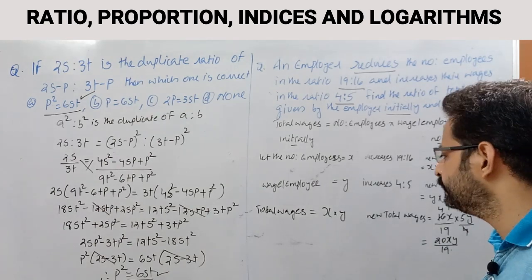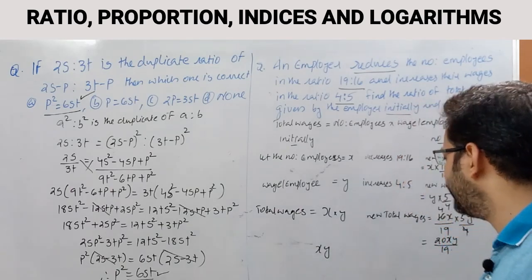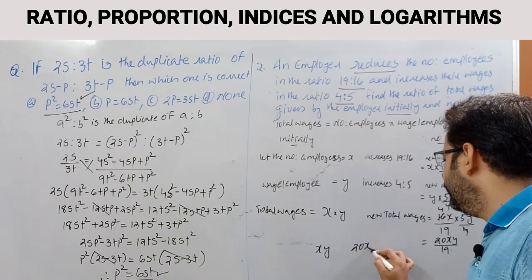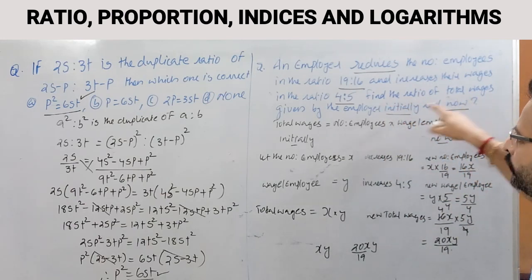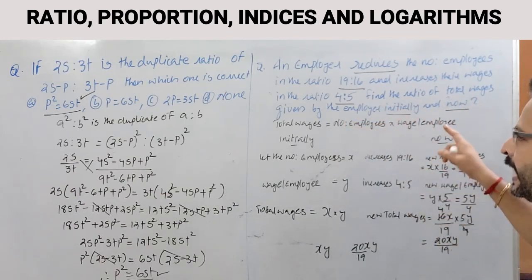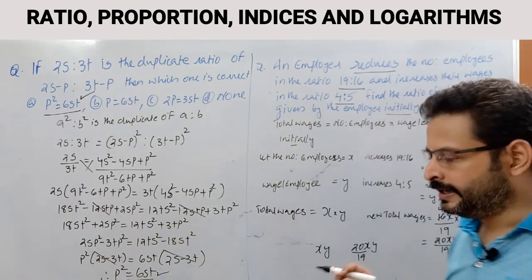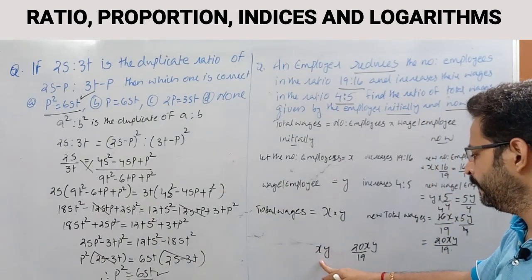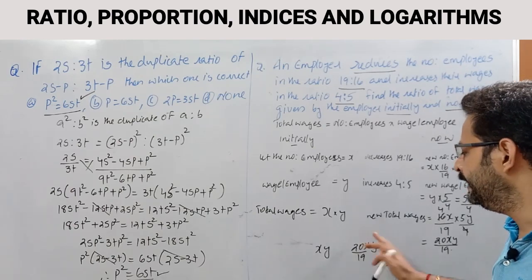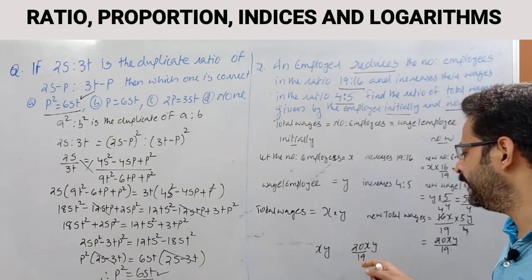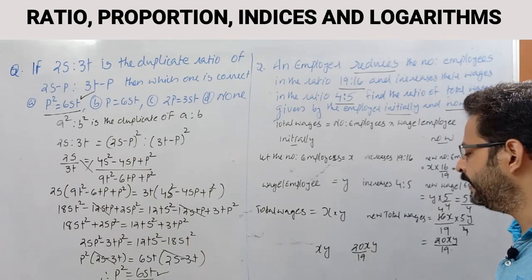Look at that. Initially the total wages is xy, and right now 20xy divided by 19. We have to compute the ratio of total wages given by the employer initially and now. Again, using the property of the factor multiplying ratio, 20 divided by 19 means increases in the ratio 19 is to 20 to get xy to 20xy divided by 19.